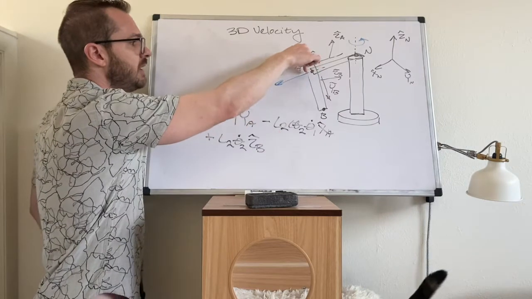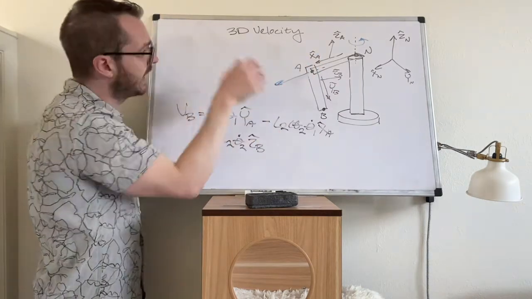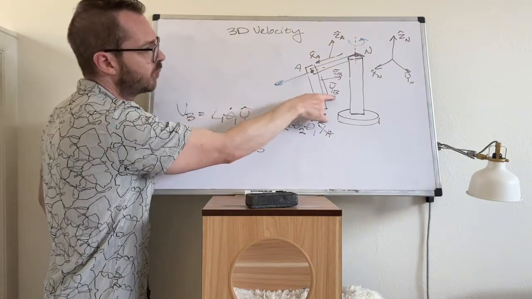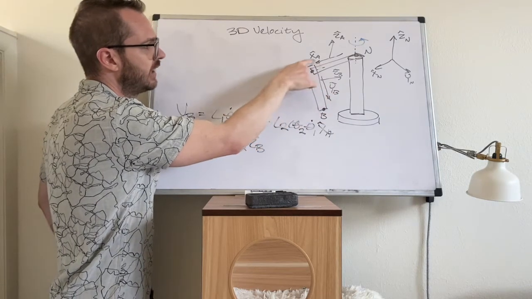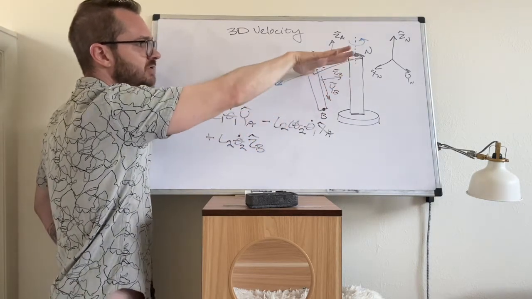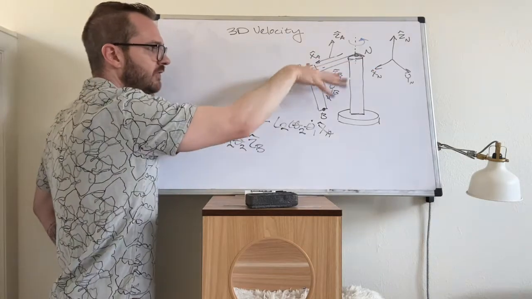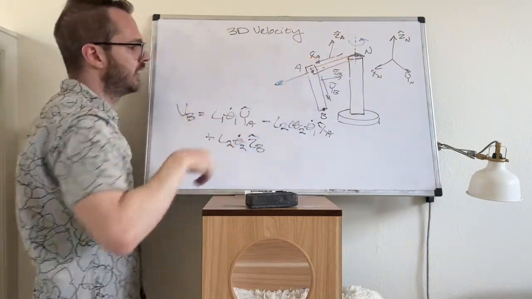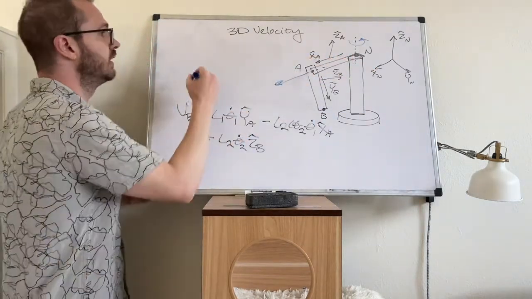So if the angle is 0 between them, then YB is aligned with YA. That means it's actually flat, like this whole thing is in the plane together. From a top-down view, it would look like this.